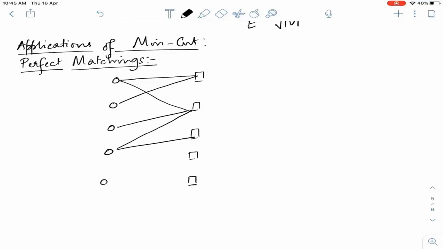This is again X, this is Y. Let's give some names again: X1, X2.